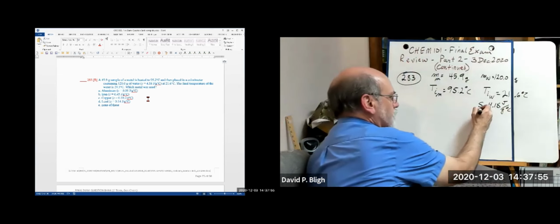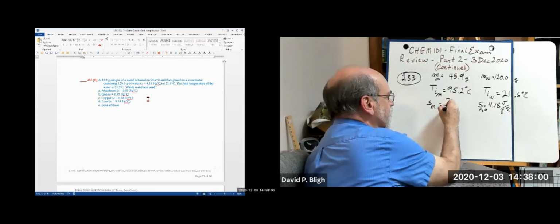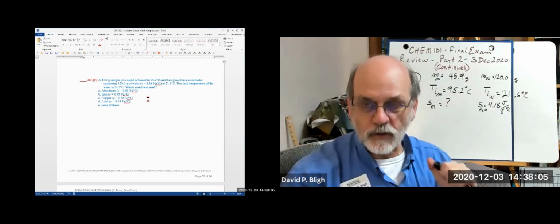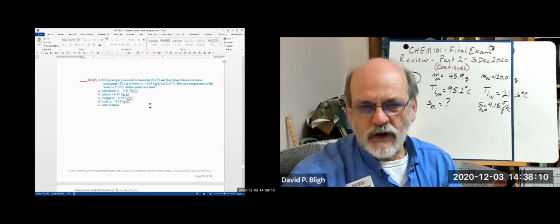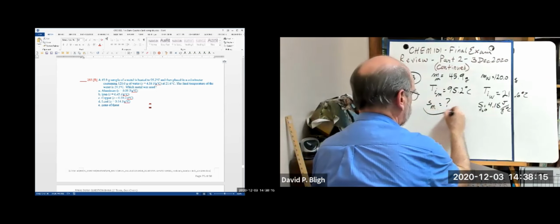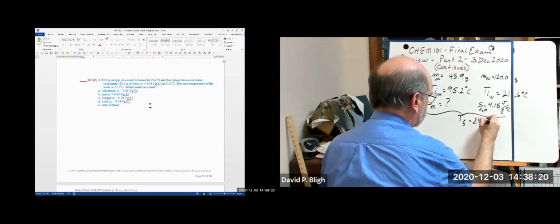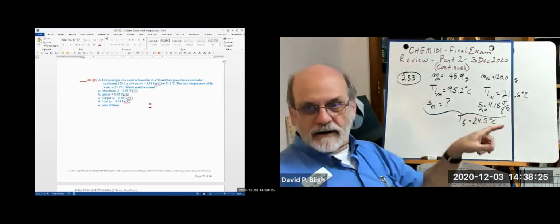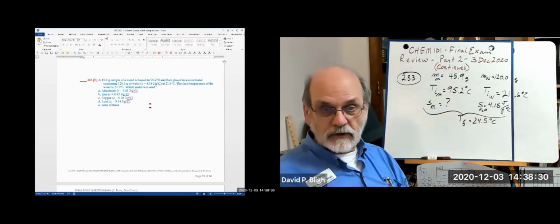What we don't know is the specific heat for the metal. That's the question. Because in order to find out what the metal is, we need to judge based on the specific heat. Okay, the final temperature is 24.5 degrees. Now, why did I do it that way? Because when they come to equilibrium, they're both at the same final temperature. Okay?